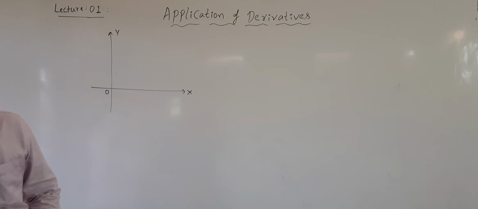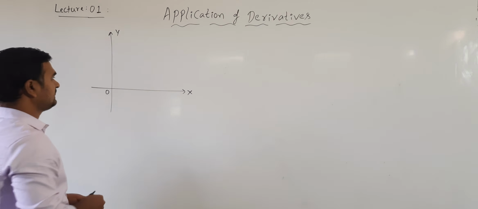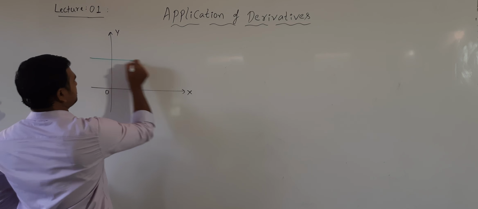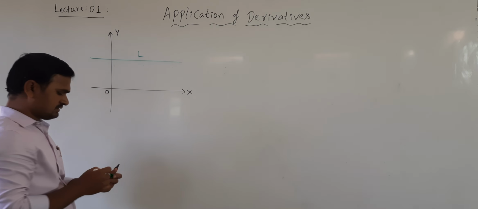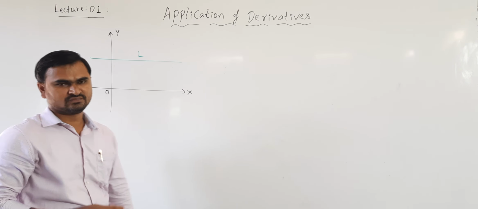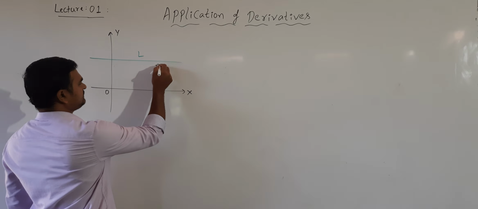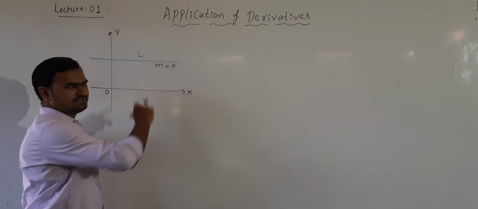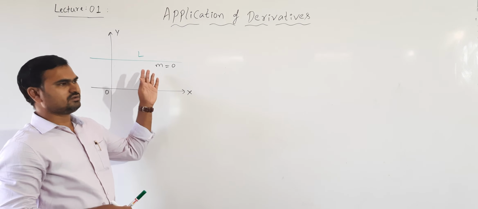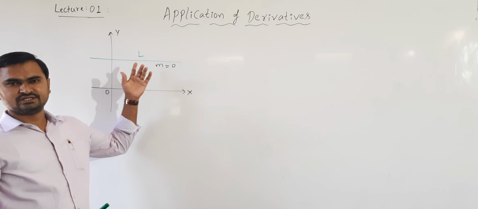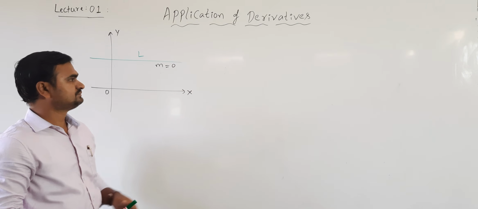The line is horizontal or it is parallel to x-axis. Now what is the slope of this line? Here slope is m equal to 0 because the angle made by this line with x-axis is 0. So theta 0 means slope is 0.